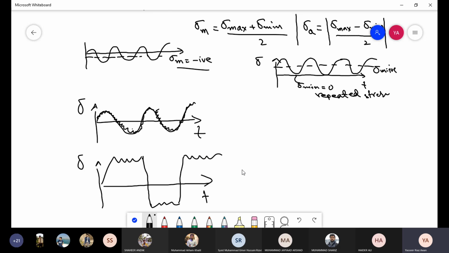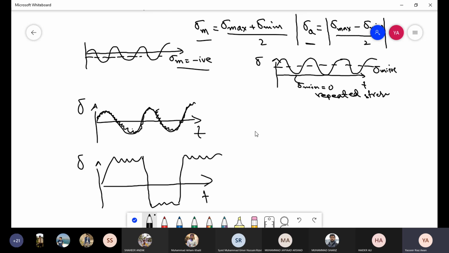Now, the question is, will our discussion about the fluctuating stress, where we would be using sigma mean and sigma A and mainly looking at the sinusoidal pattern, be applicable to these cases?